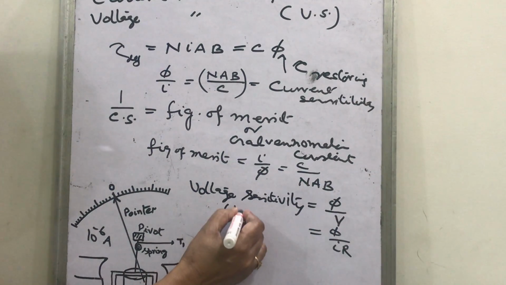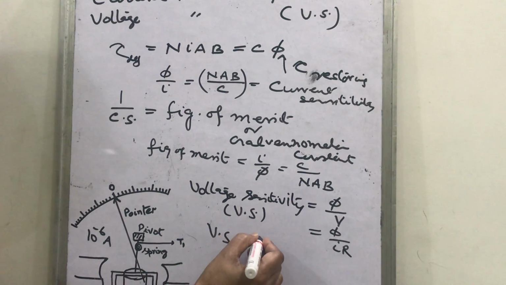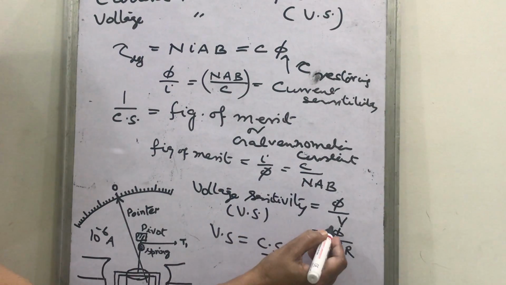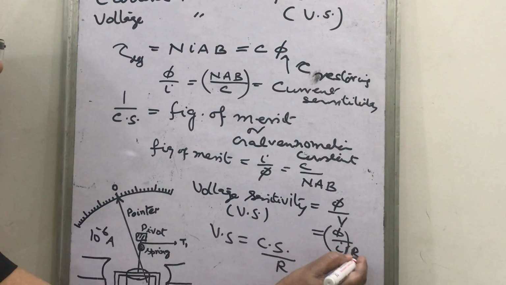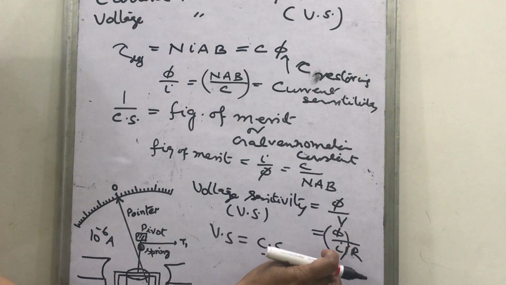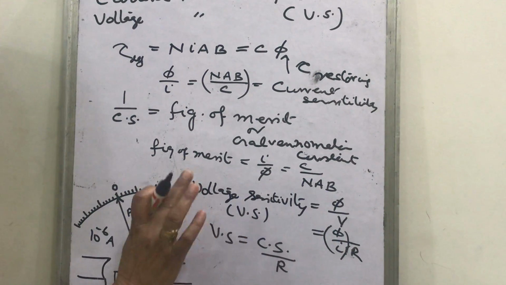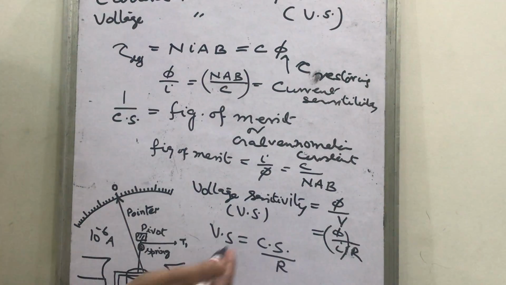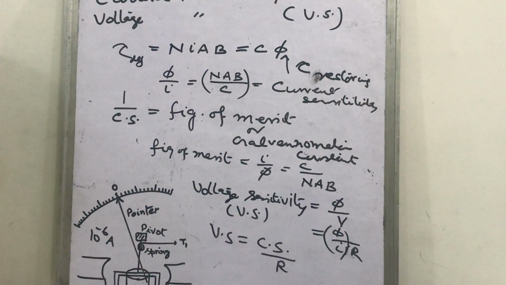If you write voltage sensitivity as Vs, we can also write that voltage sensitivity is current sensitivity upon R. You know that phi upon I is current sensitivity, so in place of phi upon I, you have written current sensitivity. So this is voltage sensitivity. How will you define it? Twist in the spring or phosphor bronze strip per unit voltage.